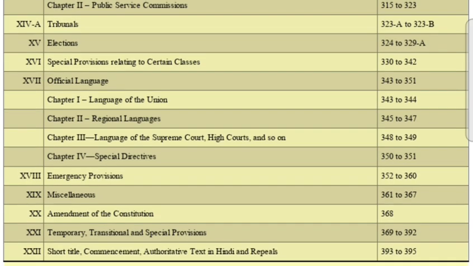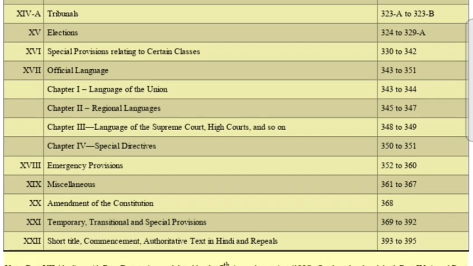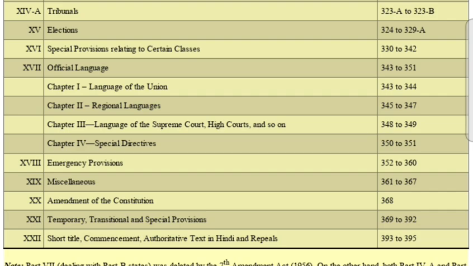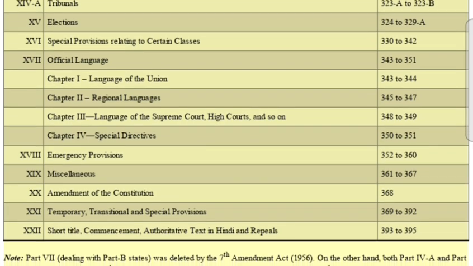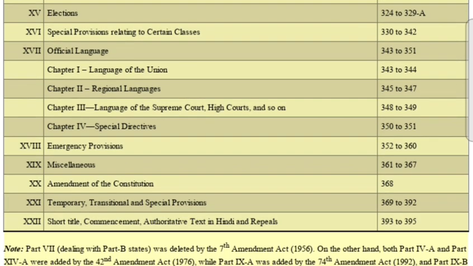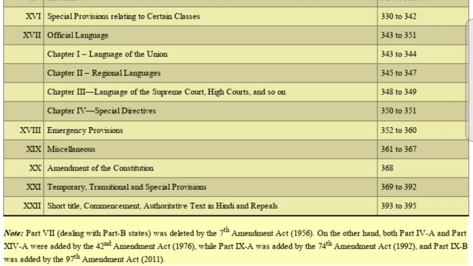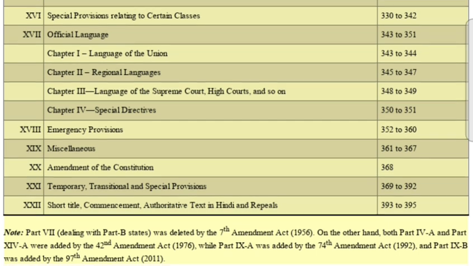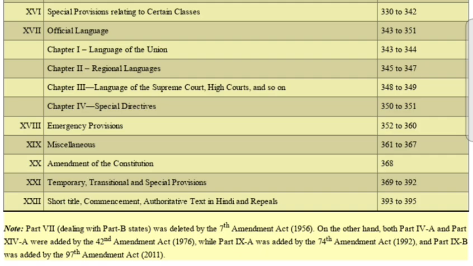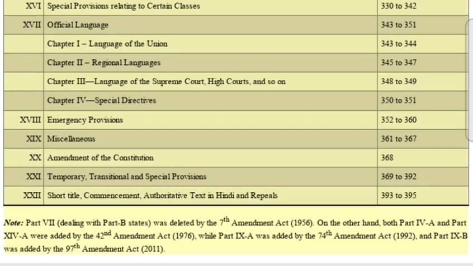Part XVI, Special Provisions relating to certain classes, 330 to 342. Part XVII, Official Language, 343 to 351. Chapter 1, Language of the Union, 343 to 344. Chapter 2, Regional Languages, 345 to 347. Chapter 3, Language of the Supreme Court, High Courts, and so on, 348 to 349.